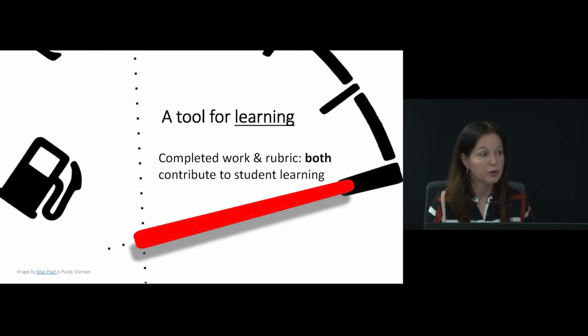And for the rest of the presentation, we're going to share some strategies on using the rubrics for effective self-directed learning or formative assessment. So the whole point here is that students receive feedback and they use those results to continue on their learning process.